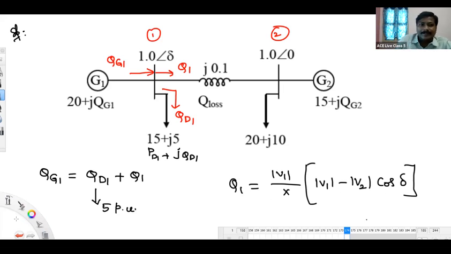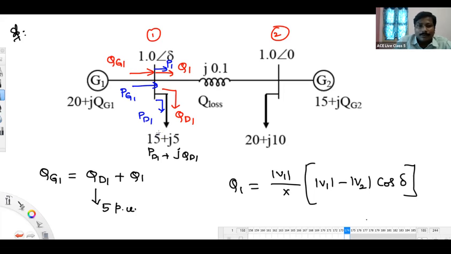Look here, please. This is the PG1 injection, 20. This is P1 outgoing, we don't know. PD1 is drawn by the load, 15.